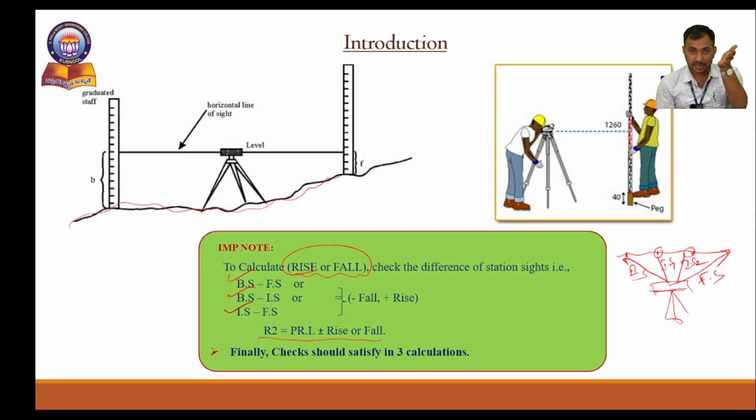Next, backside minus intermediate side. Backside minus foresight, and next intermediate side minus the foresight values, like that. From these differences of backside and foresight values, if we get the negative value, then we have to place it in the fall column. If we get the value in positive, then we have to place it in the rise column. Okay.